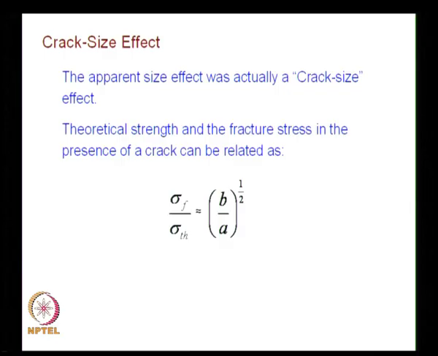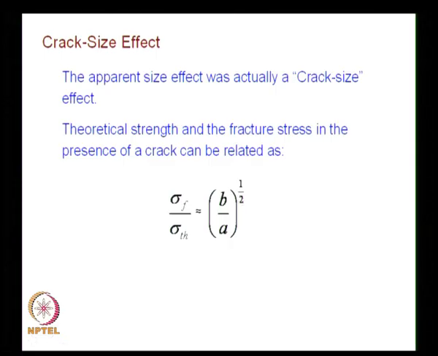And if you look at the expression for theoretical strength as well as fracture strength, I can find out the ratio of sigma f divided by sigma Th, that is approximately equal to (B by A) whole power half.